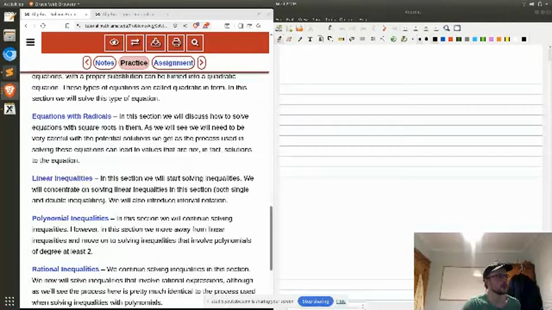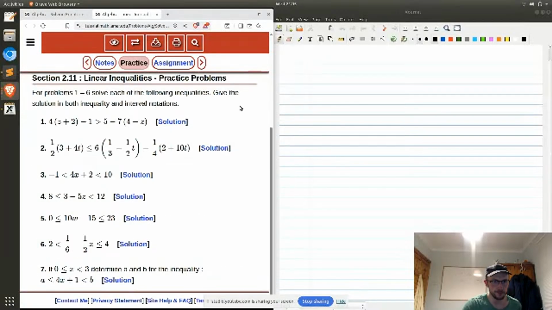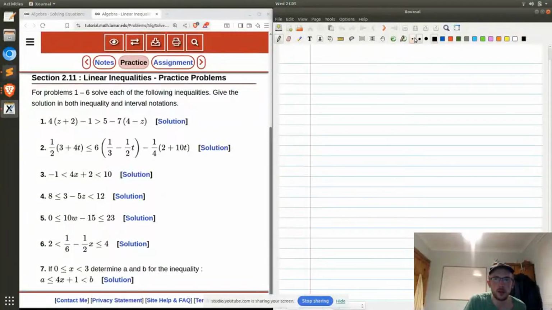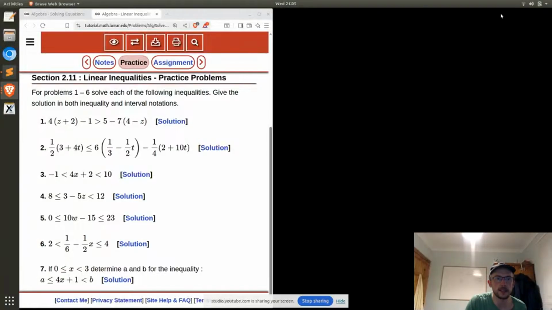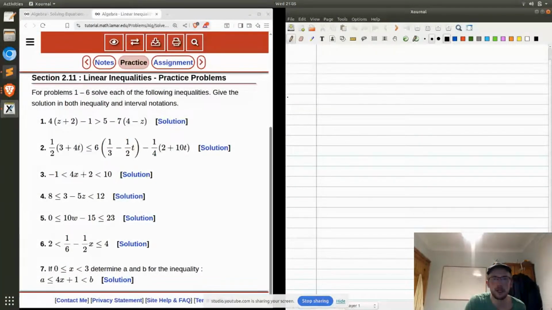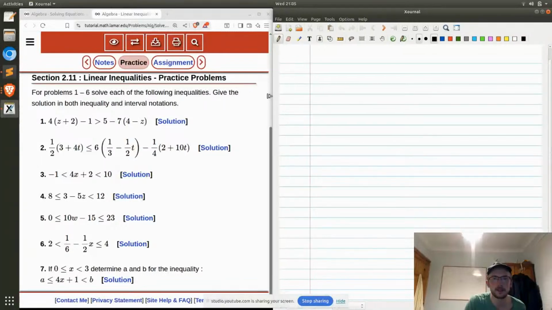And here I begin again with linear inequalities in Paul's online notes. So we'll start out just with solving linear inequalities. I must open this twice because it has that bug in it, which tells me to open it twice.